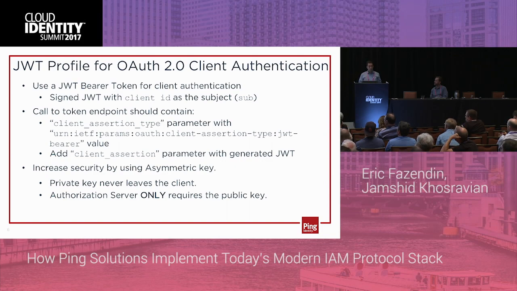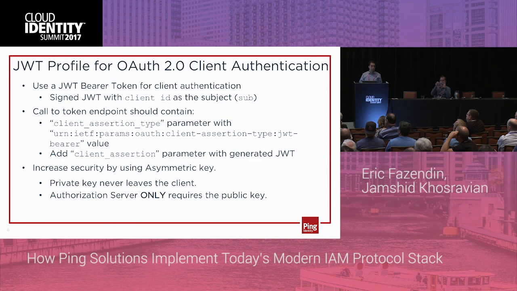This again uses a JOT bearer token. For client authentication, as a detail, the client ID should be part of that JOT and should be in the subject. When you make the request to the token endpoint, you need to use the JOT bearer for the client assertion type, and also use that JOT in client assertion value.